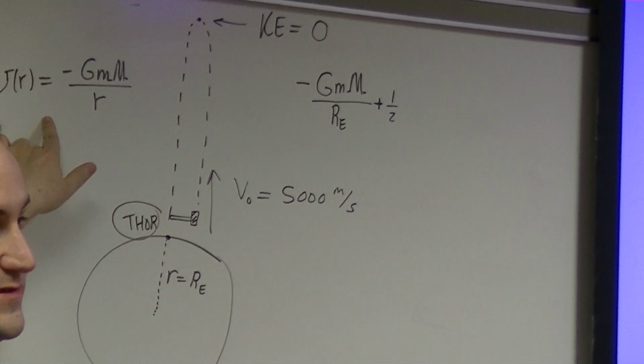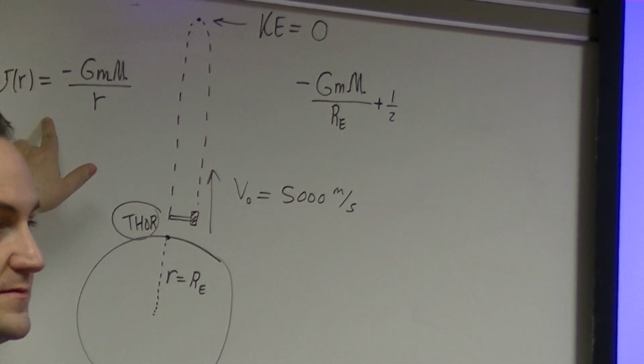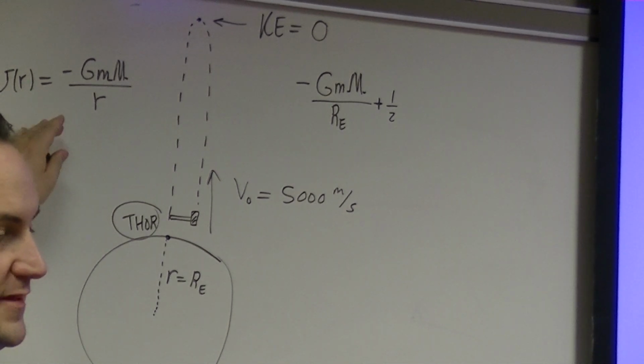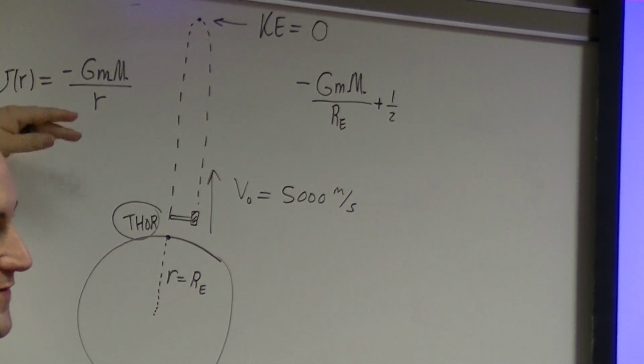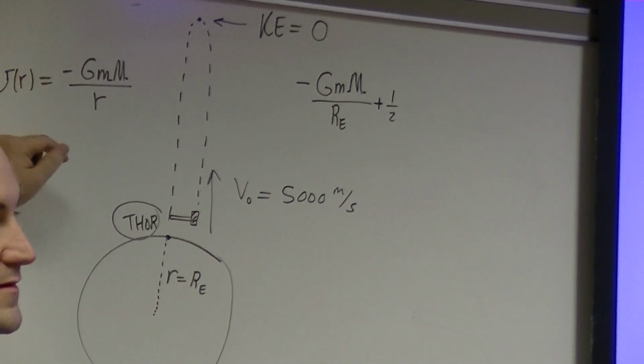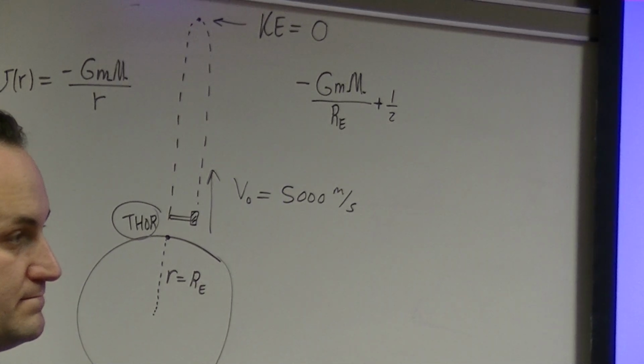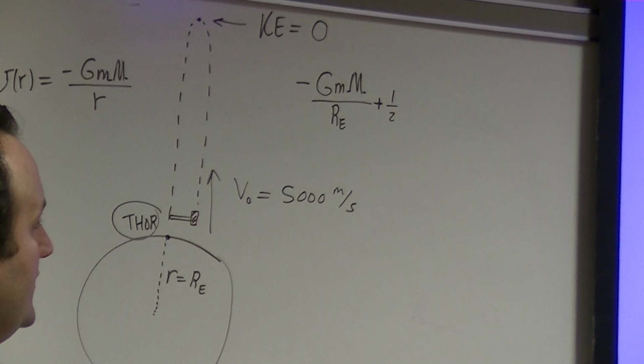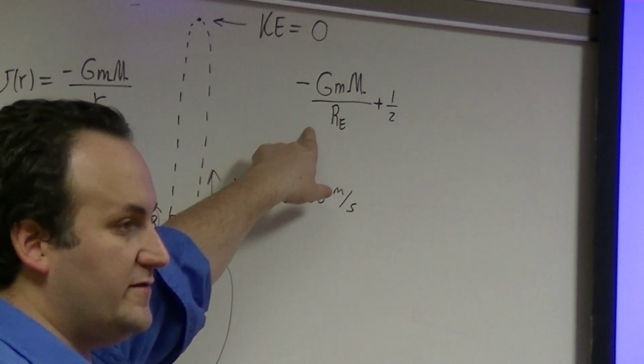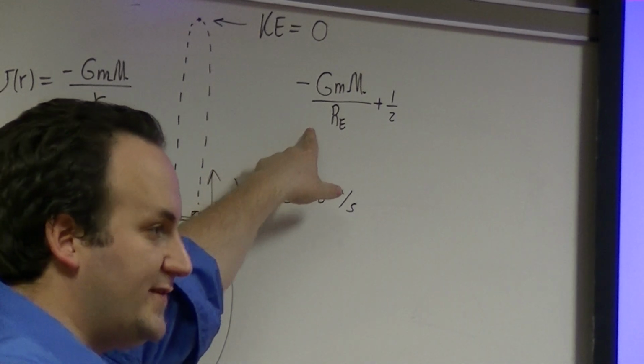At infinity, it tends to 0, but it's never positive, unless you choose a different constant. You can always shift the potential energy up or down. But with this formula, gravitational potential energy is negative. All right? So that's the gravitational potential energy as we're throwing Thor's hammer.